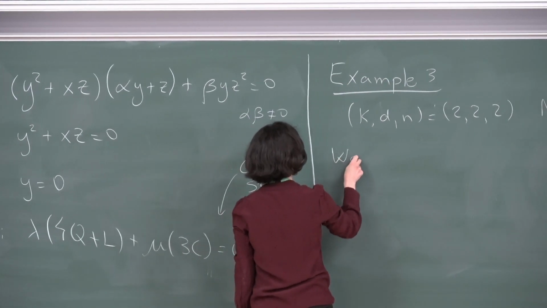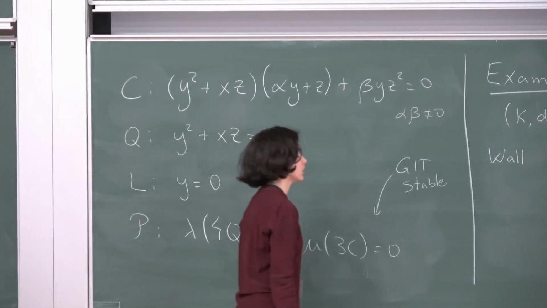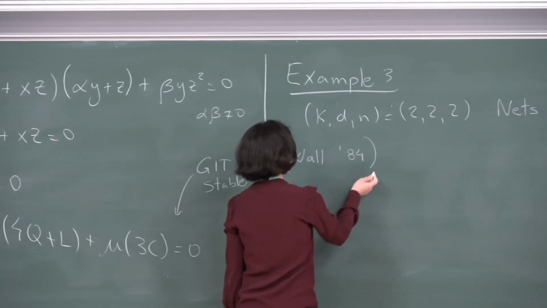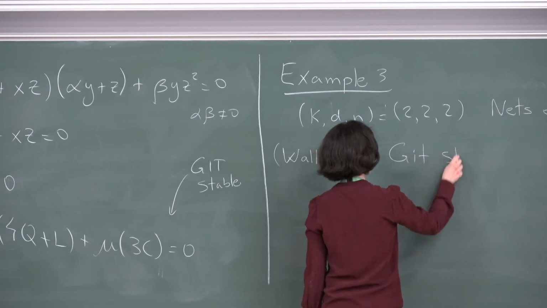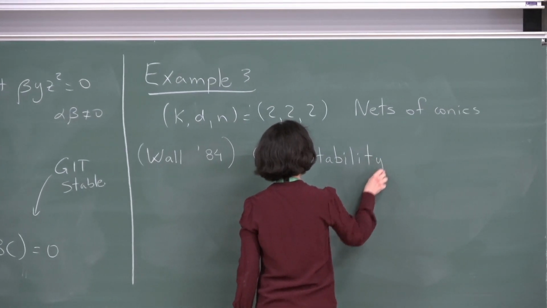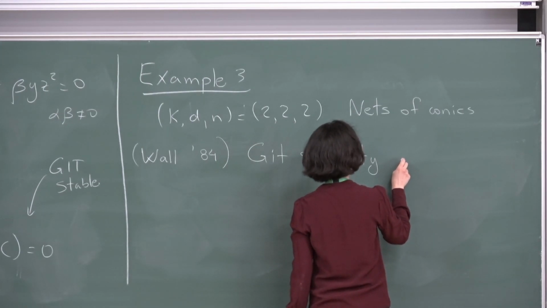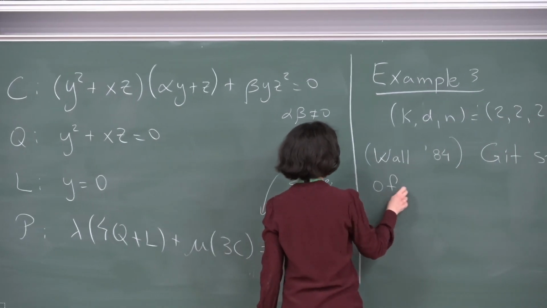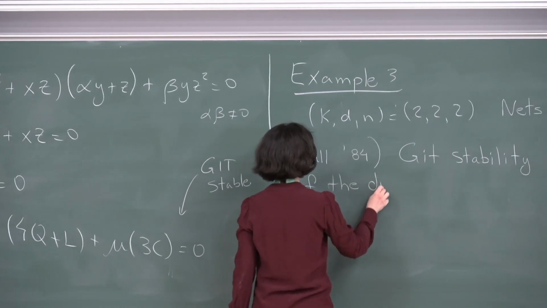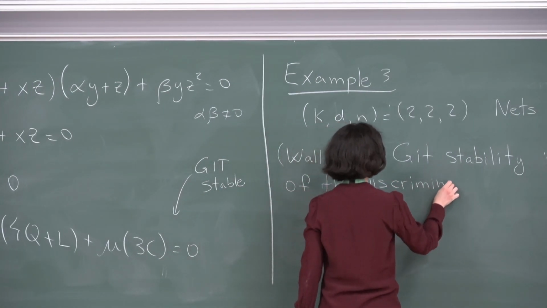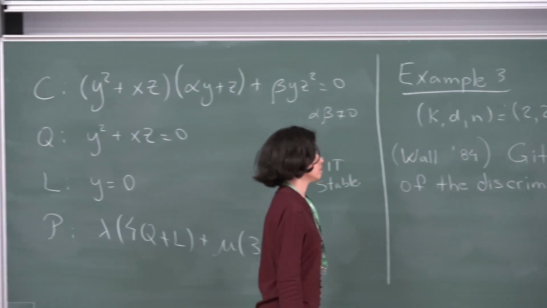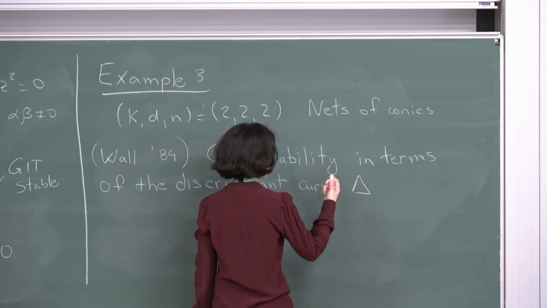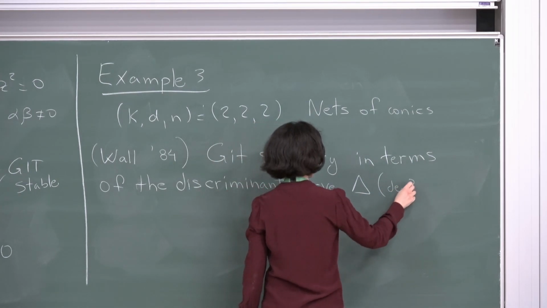Wall has a description, maybe 84, of GIT stability in terms of the discriminant curve of the net. Let me call it delta. This has degree 3.